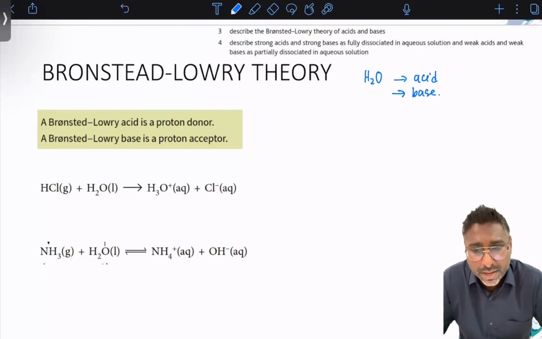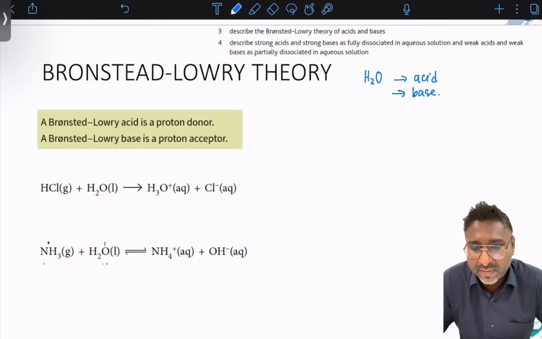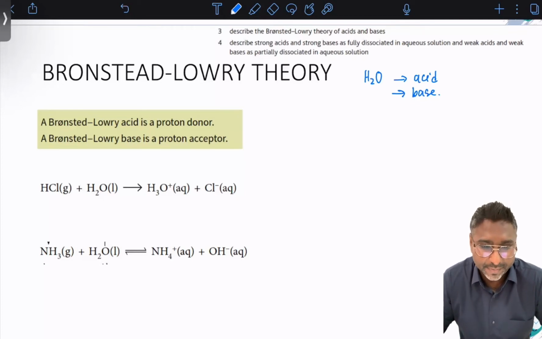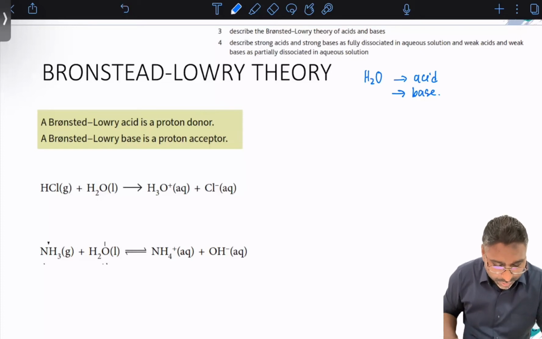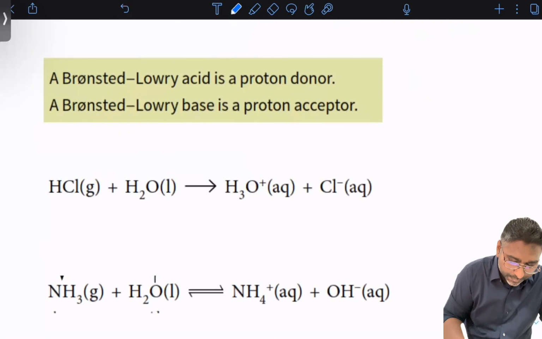According to the theory, we are going to look at the definition of the theory. They act as a Bronsted-Lowry acid or a Bronsted-Lowry base. It doesn't mean that they are acid. So please remember, it might be different from what you think. According to the theory, a Bronsted-Lowry acid is a proton donor.